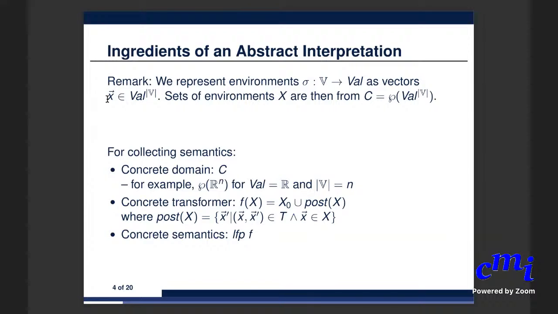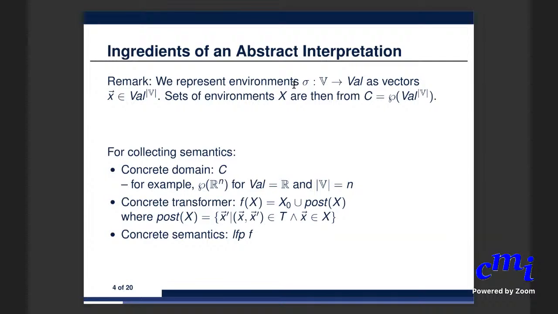Because a program can have a set of variables, and we organize that into a vector. Each of those program variables ranges over a domain. Here we are assuming that they all range over the same domain, but you can have different domains.